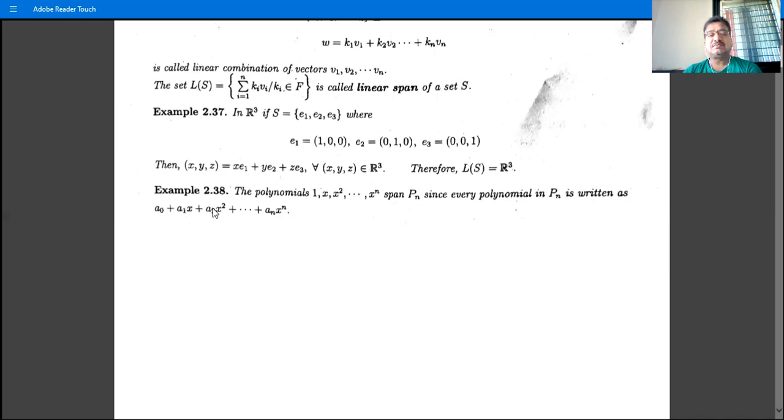How can we write the linear combination? a0 into 1 plus a1 into x plus a2 into x square plus, in this way, an x raised to n. So every element of Pn is written as a linear combination of these n plus 1 vectors, and therefore the set of all these n plus 1 vectors spans Pn. That is, if we write the set S as 1, x, x square, ..., xn, then LS is equal to Pn.